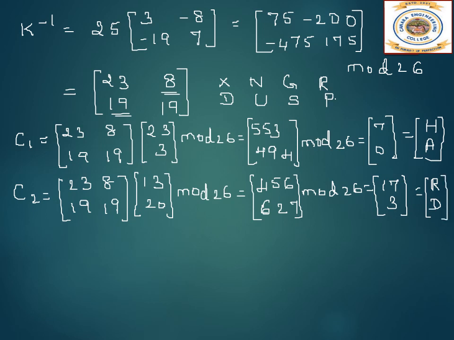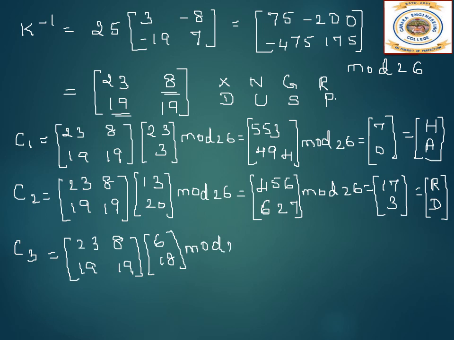Coming to the next set of alphabets, C3 will be equal to 23, 8, 19 and 19. Here we have to take G and S. G and S will be 6 and 18, mod 26.